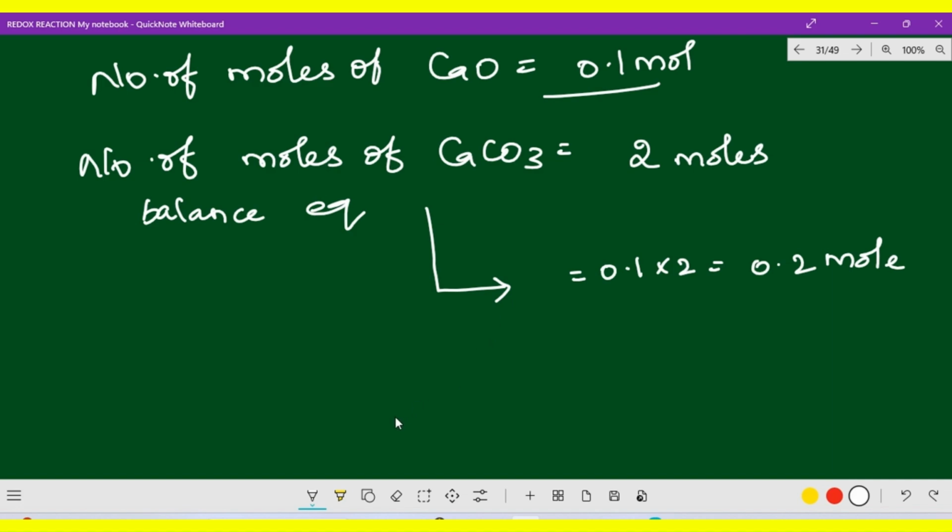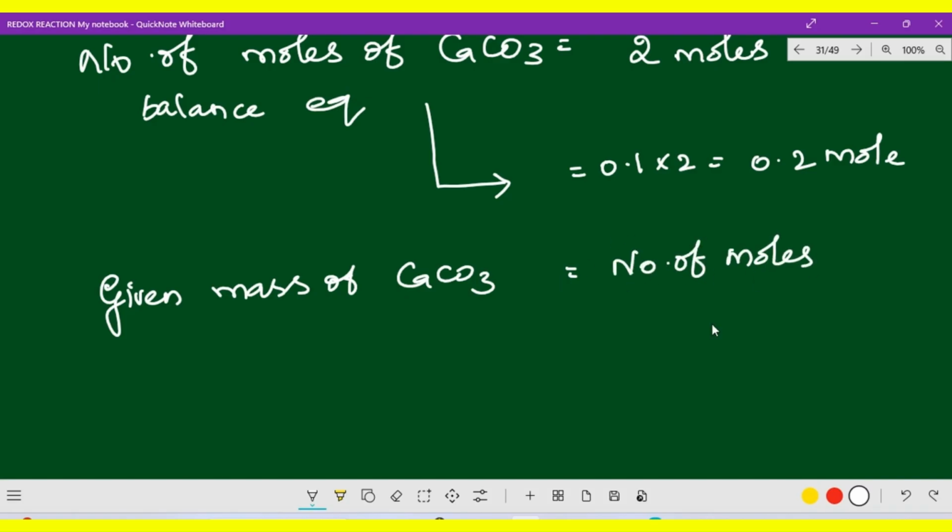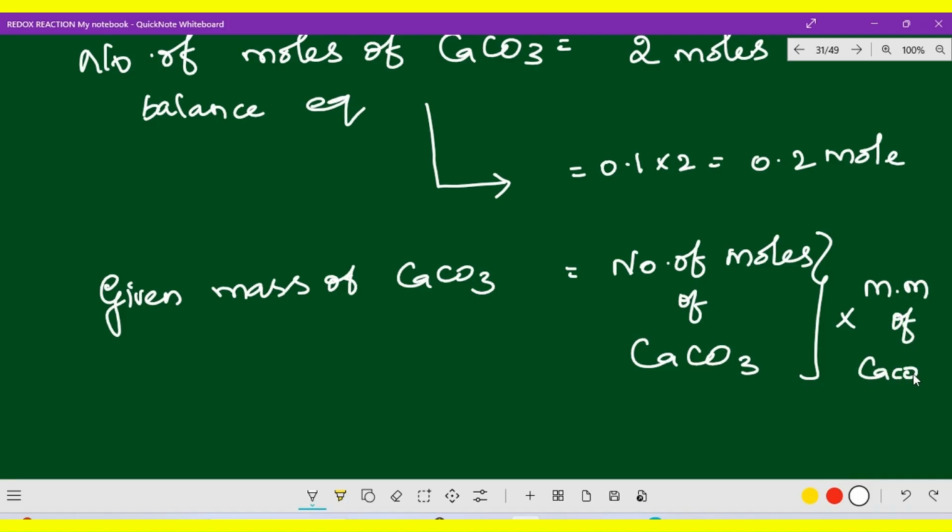Yes, found. Okay, now given mass of calcium carbonate, we have to identify. So given mass, how to identify? Number of moles of calcium carbonate into the molecular mass of CaCO3. Got it?